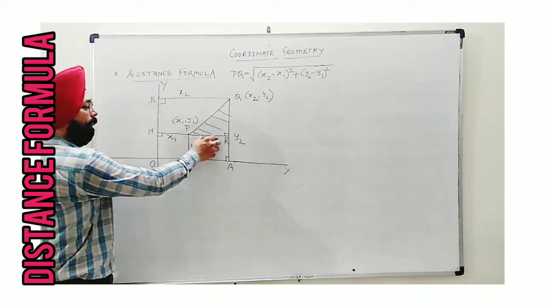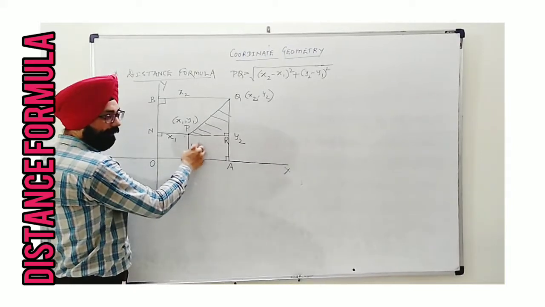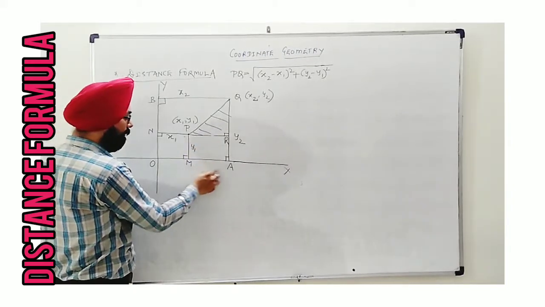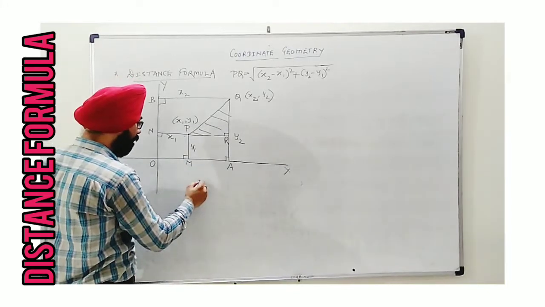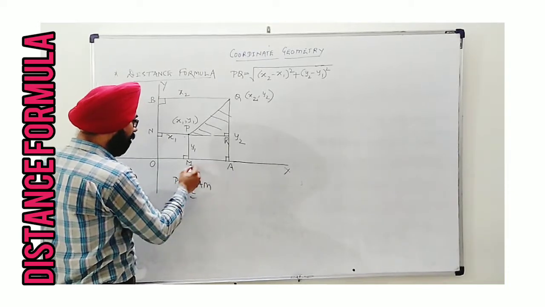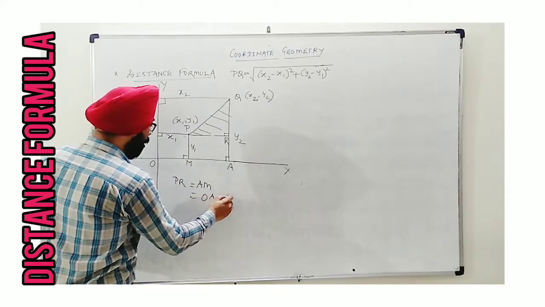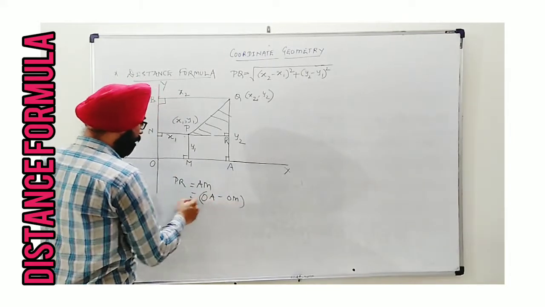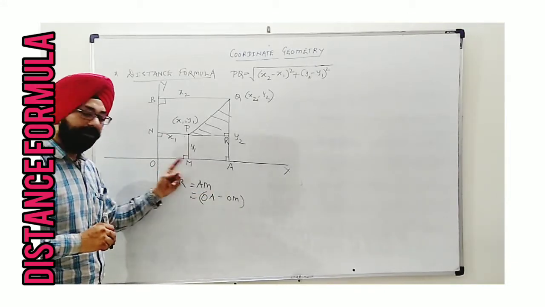Now, how to find PR? As you can see, this is all a rectangle. PR is equal to the distance AM. Now AM, which is equal to PR, can be obtained as OA minus OM, meaning the difference of the distances of the points from the origin.